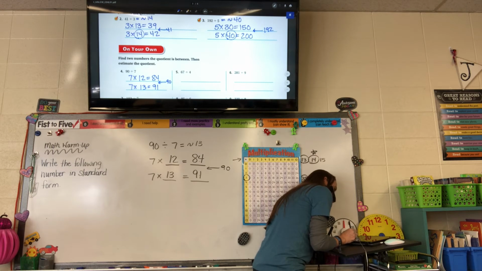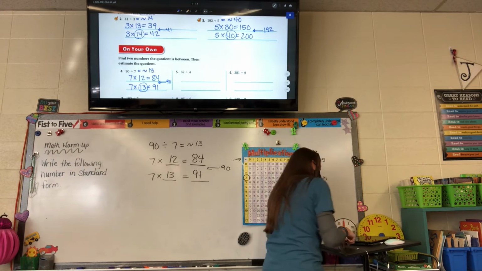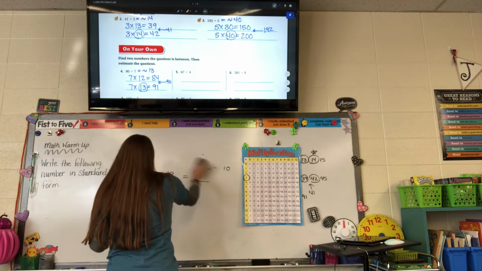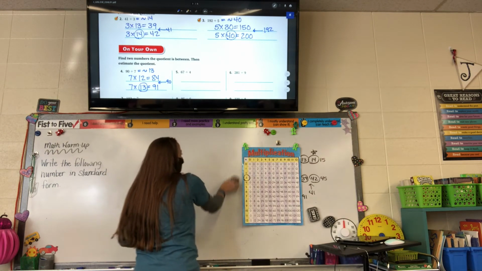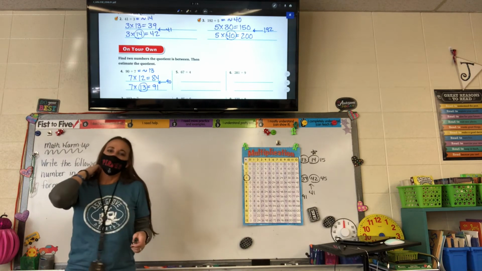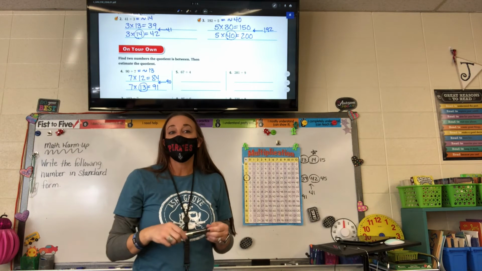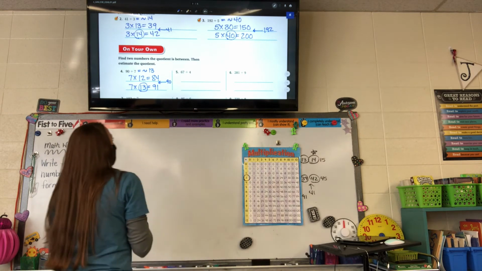It's closer to 91, so we're going to circle the partner number of 13 and then write equals about 13. It makes it a lot easier when they're on your multiplication table, but they aren't always, so you have to use your basic facts and zeros to help you with those.